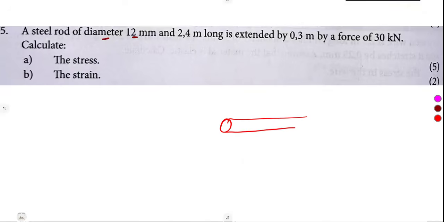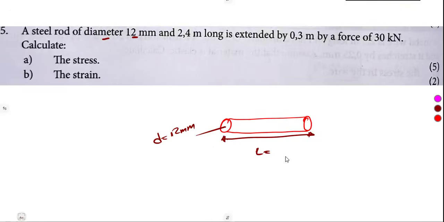It'll be a cylinder, this one, okay? So it is something like this, where we have got a circle here and a circle here. So they are saying the diameter in this case is 12 millimeters. This is our diameter. Then the length, that is how long the rod is.